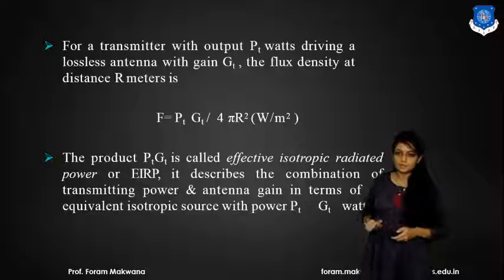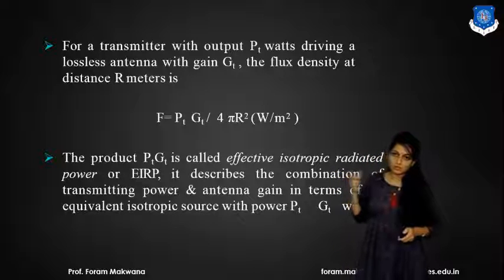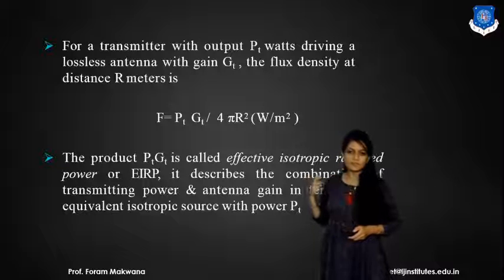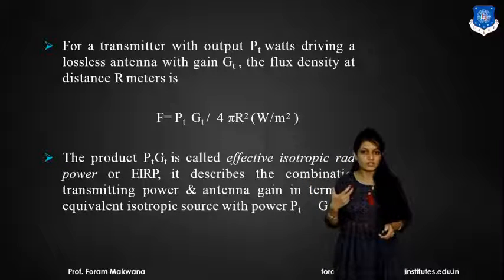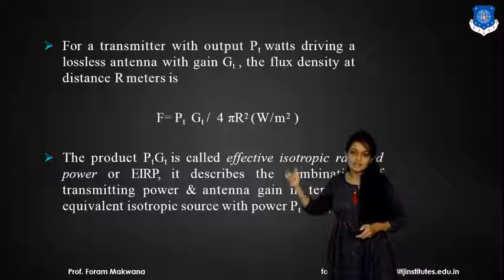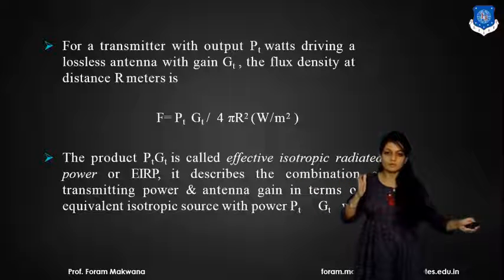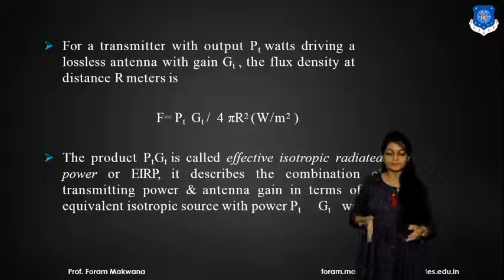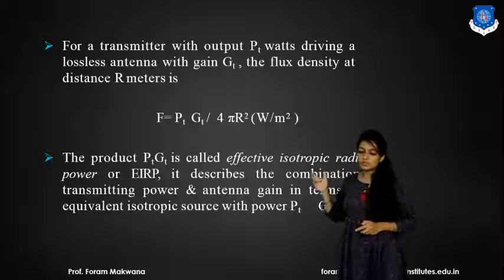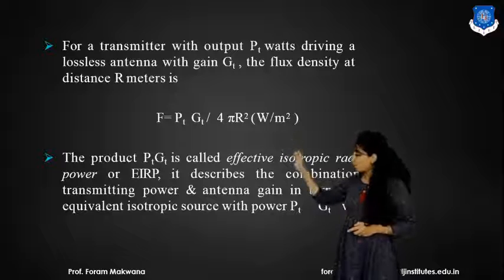For a transmitter with output PT watts driving a lossless antenna with a specific gain GT, the power density, or flux density, at distance r meters is the saturation flux density equal to PT GT upon 4 pi r squared.